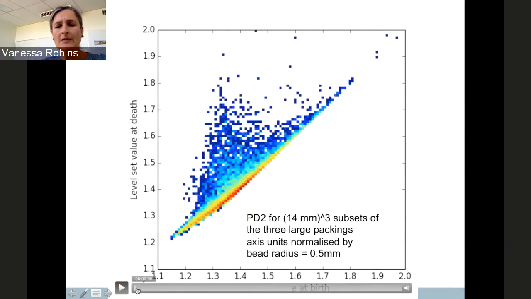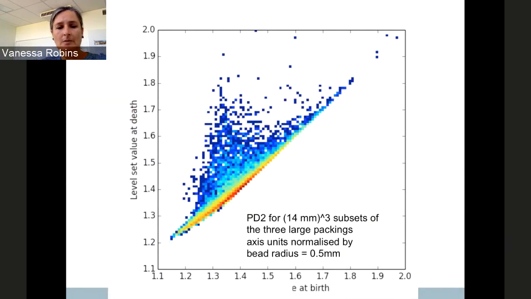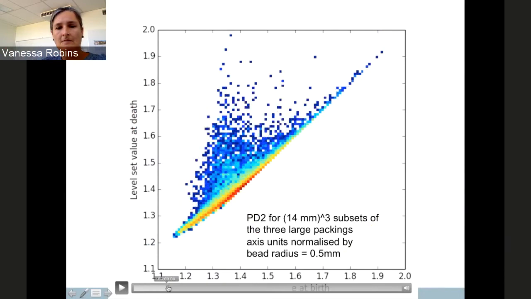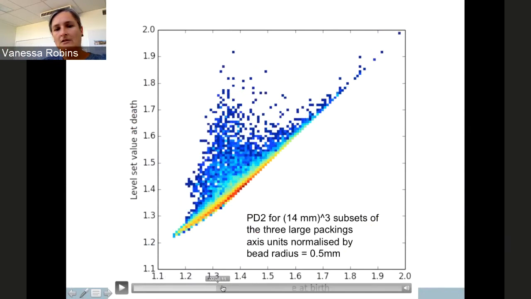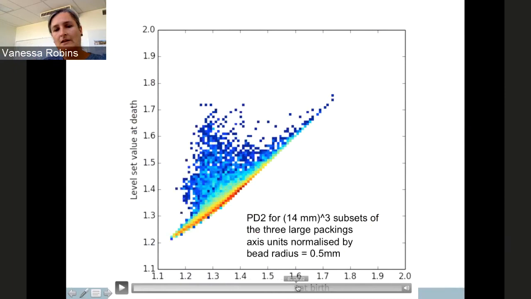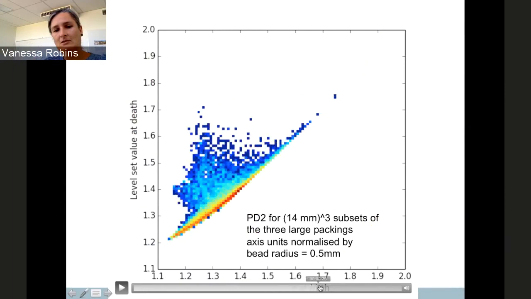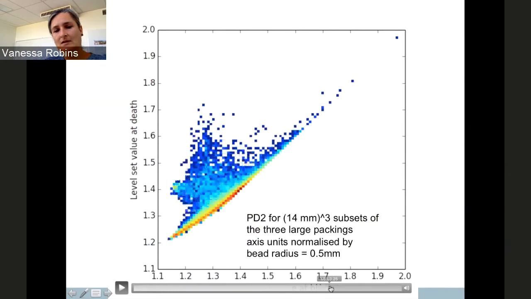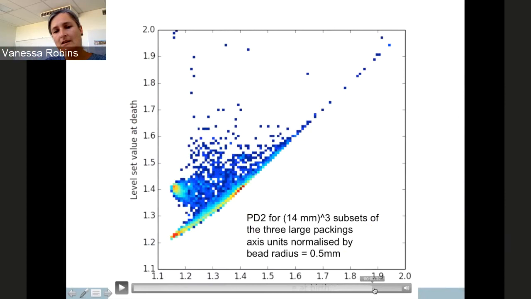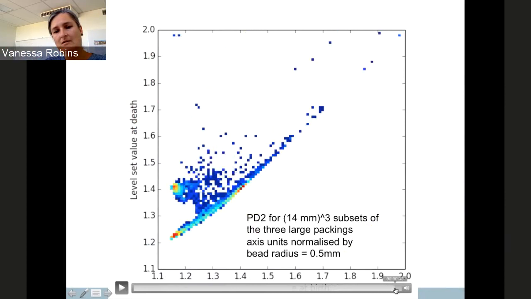So here we're starting at about 59% packing fraction, and then we're going to scan through increasing packing fraction. And you can see how that octahedral hotspot is starting to form as we get into the partially crystallized packings. And at the highest density end, we have those two hotspots appearing and fewer points elsewhere.